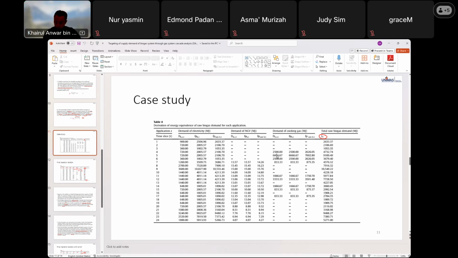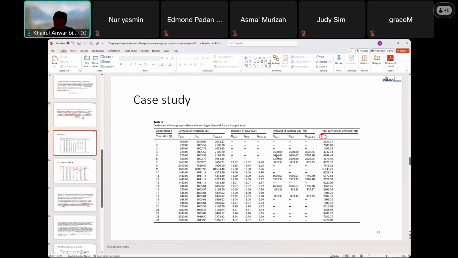In this section, the results obtained for the gas system cascade analysis are clearly explained as follows. It comprises three sections: the optimal capacity of AD in section 5.1, and the sensitivity analysis.